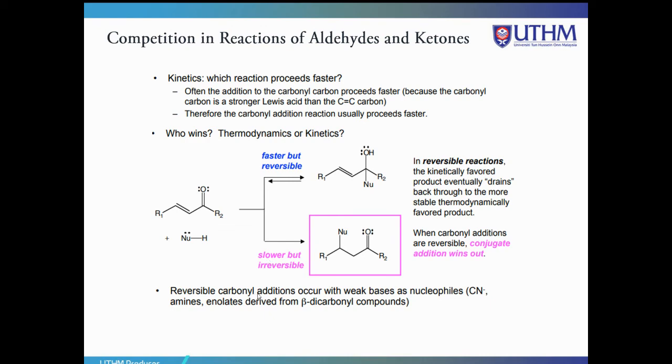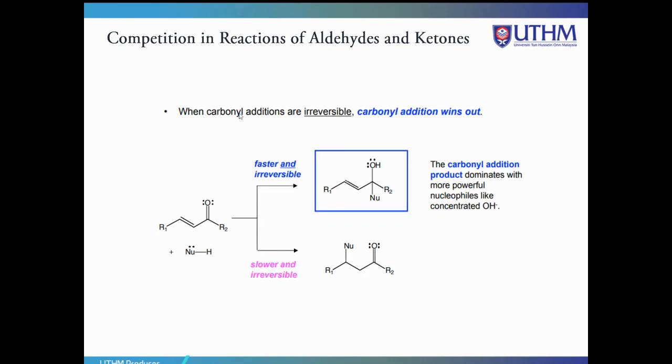Reversible carbonyl addition occurs with a weak base as nucleophile, such as an amine or an enolate derived from a beta-dicarbonyl compound. When carbonyl addition is irreversible, carbonyl addition will win out.